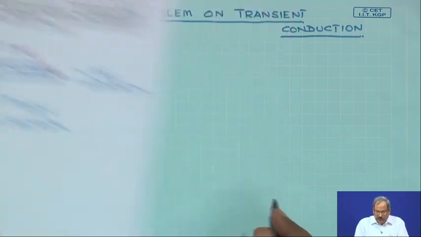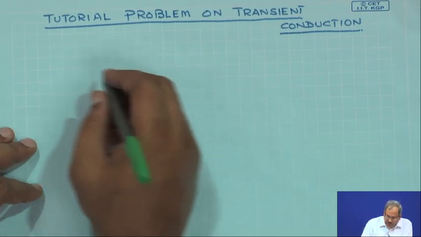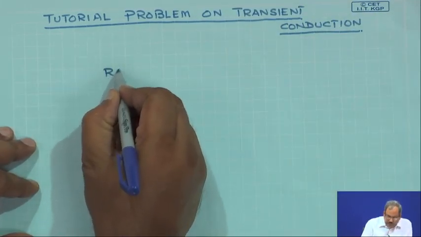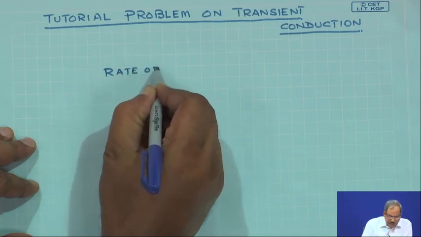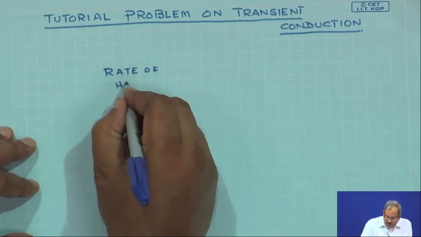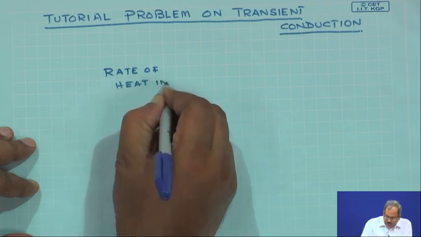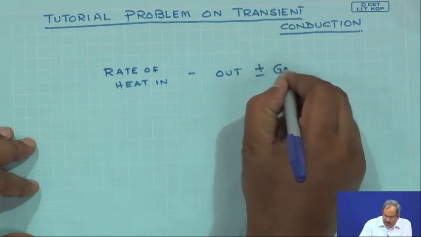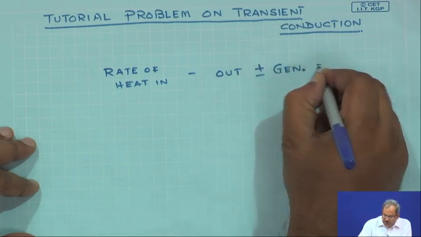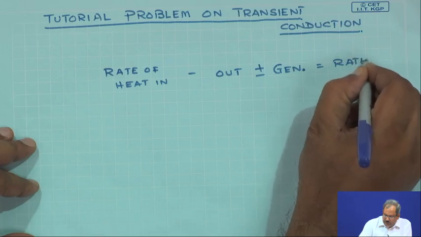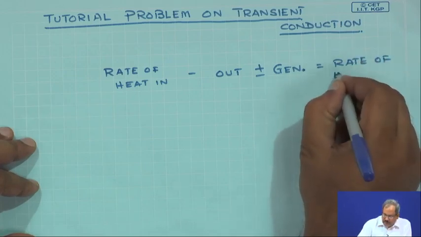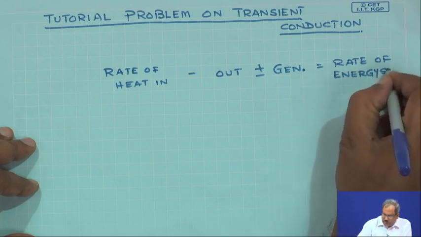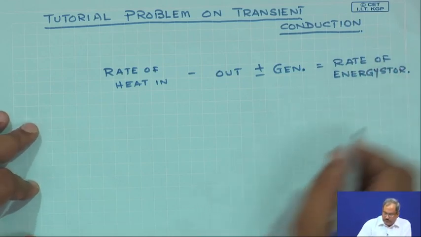So, the equation, if I write that, rate of heat in minus out plus or minus generation or depletion should be equal to the rate of energy stored in the system.